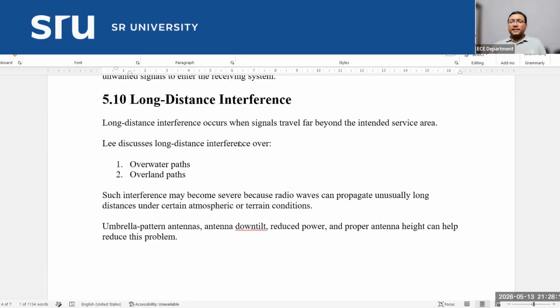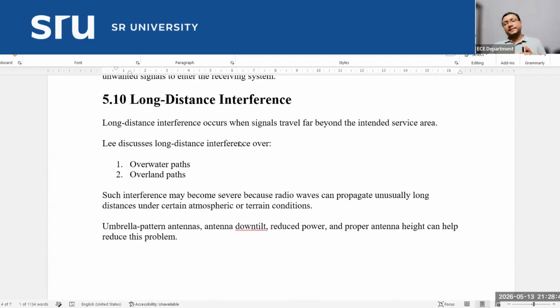This transmission path could be over water, it could be over land. Okay. So if such interferences become so severe that they start interfering with some other cell mobile stations.